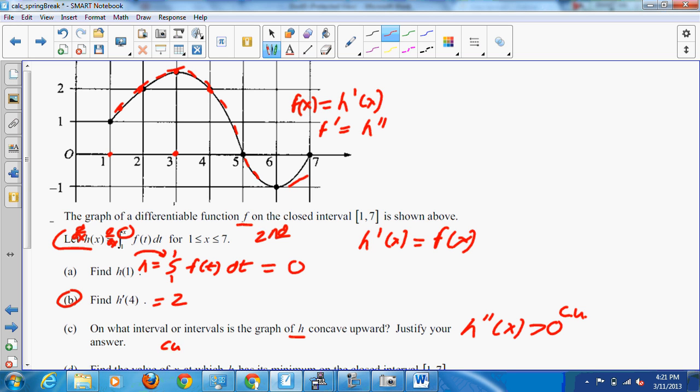So we say that it's concave up when x is greater than 1 and less than 3. And it also does the same thing between 6 and 7. Okay. So it's continuous on this closed interval here.